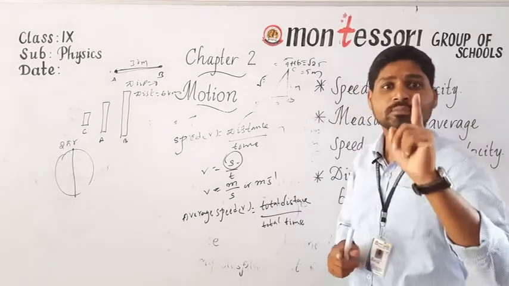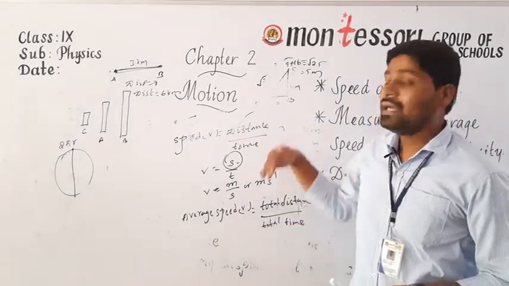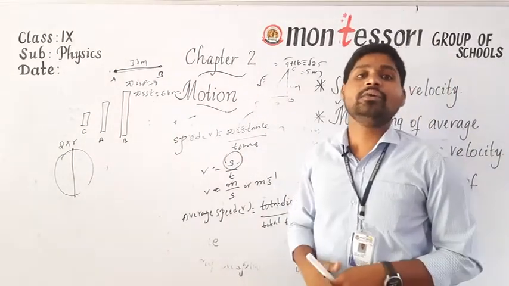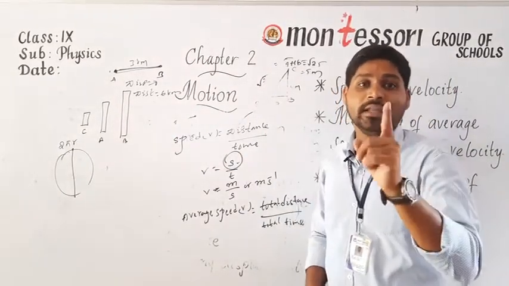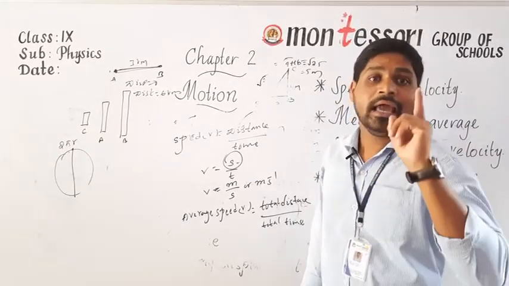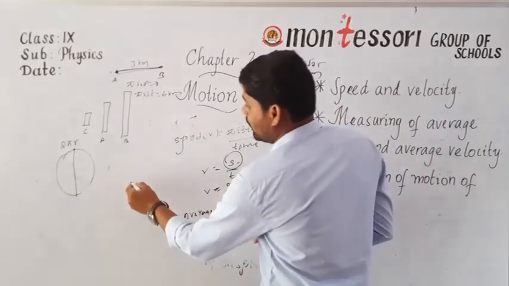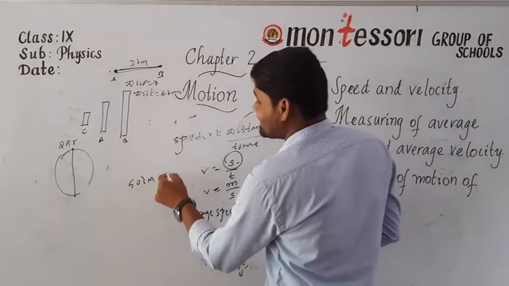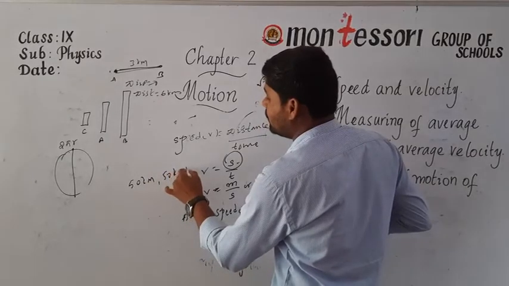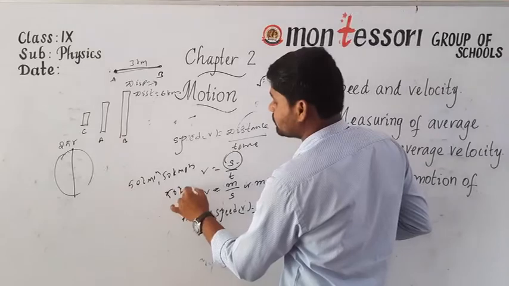Then we can say that the body is moving with uniform speed. If the body moves with uniform speed, both average speed and instantaneous speed are equal. For example, first hour 50 kilometers per hour, second hour 50 kilometers per hour, third hour 50 kilometers per hour.